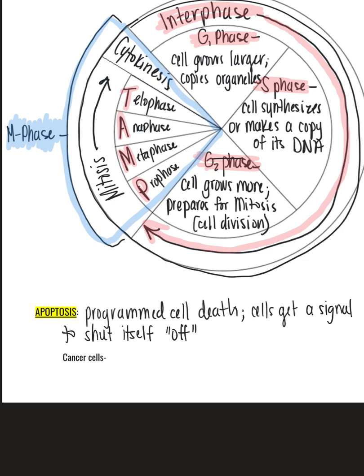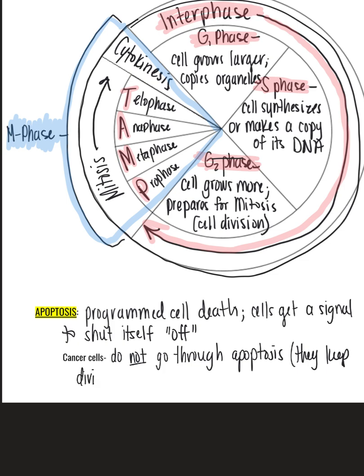Now, you have cells that are called cancer cells. The special thing about cancer cells is that they do not go through apoptosis. In other words, they keep dividing over and over again.